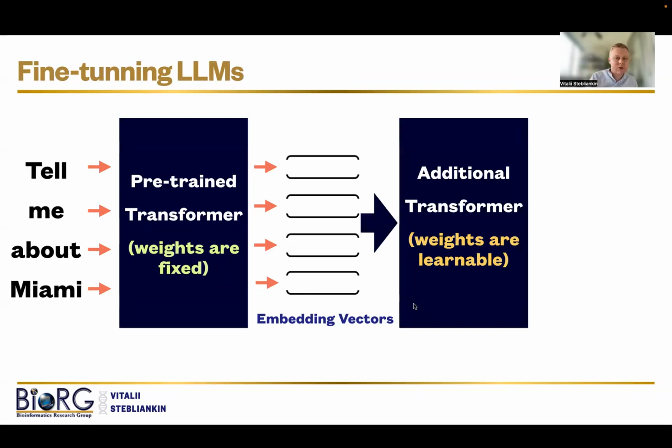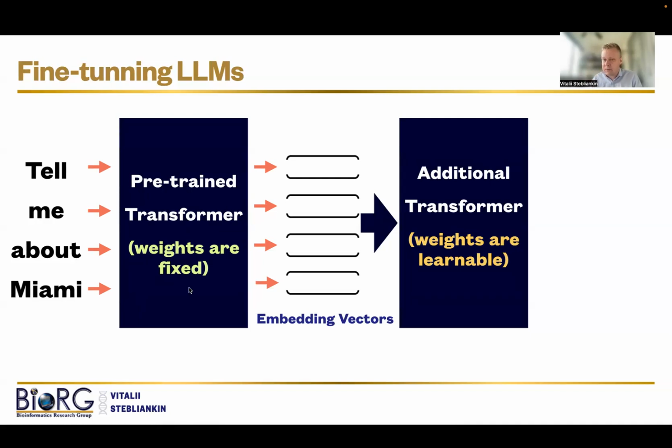So usually this additional transformer is a lot smaller than the foundation model marked in green, because during fine tuning we have a lot less data, and the left portion already knows the language, it knows the pattern.